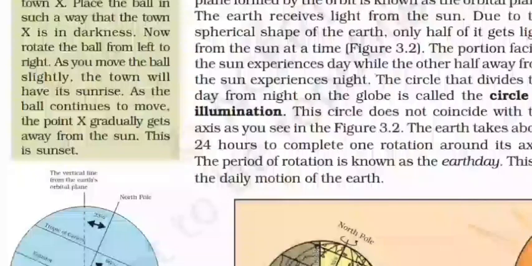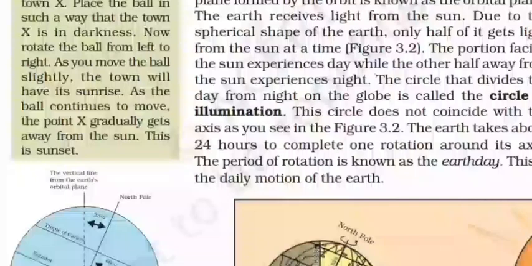That means whenever the earth is revolving around the sun, the orbit it forms and the cross-sectional area the orbit forms is called the orbital plane.